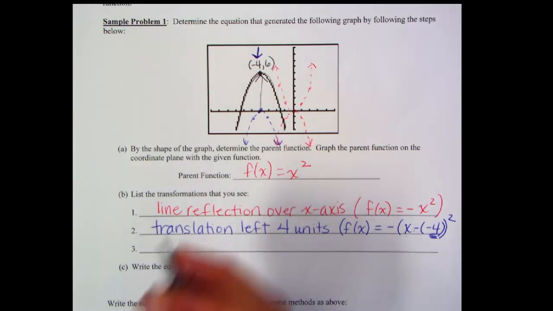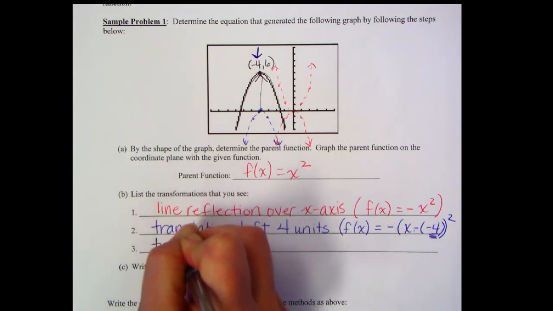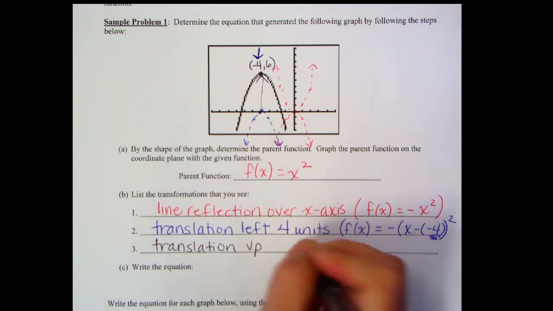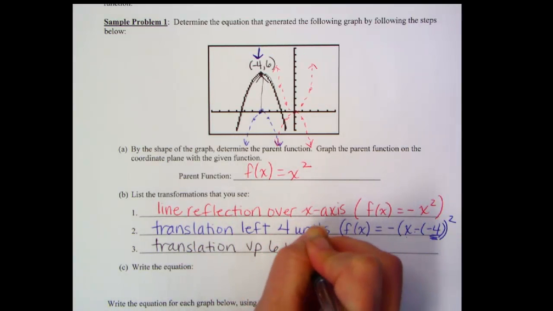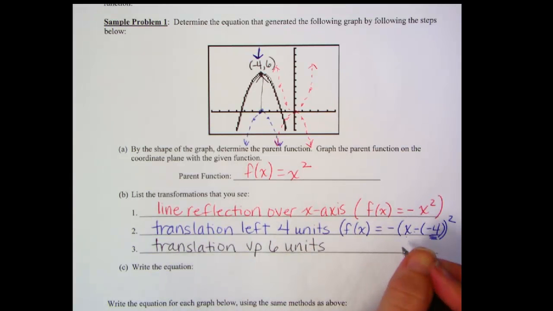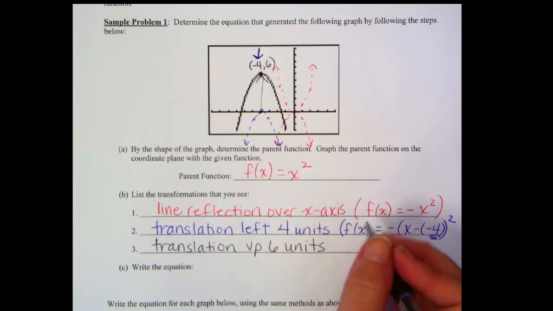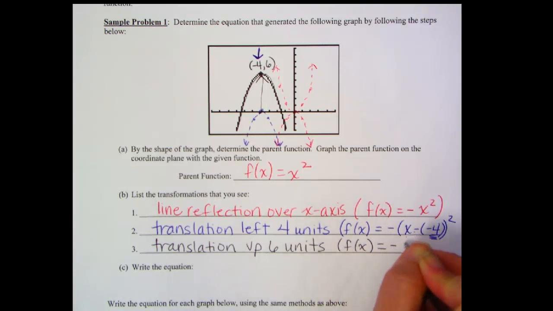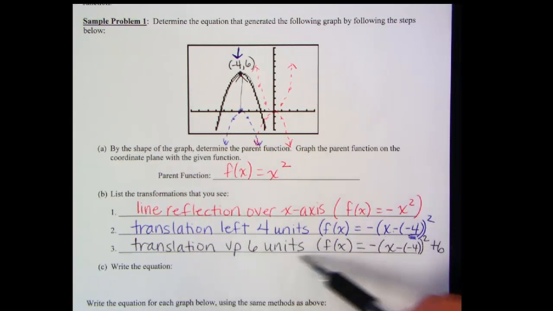What we've learned as we've been going through the last week or so is that a translation vertically, up or down, in this case up 6 units, is a plus or minus at the very end. It's the k value at the end of my equation. So now I would have f of x equals negative, x minus negative 4, all squared, plus 6 for my translation up 6 units.